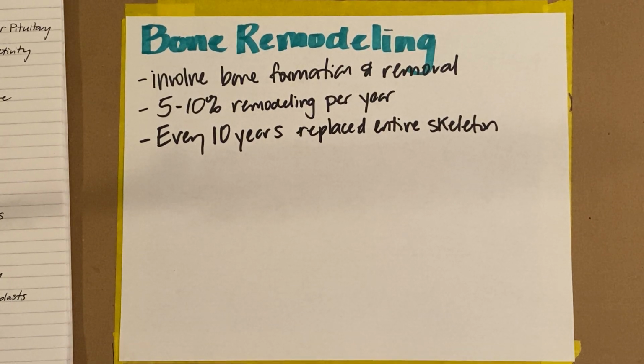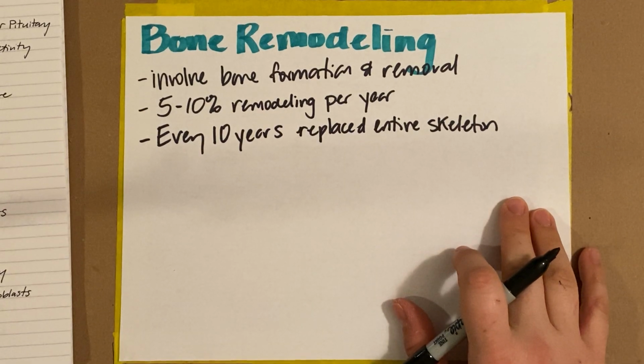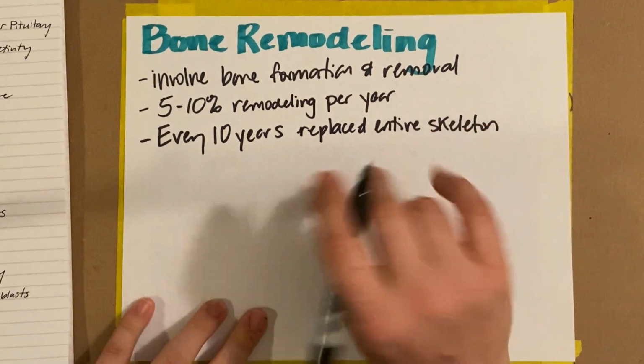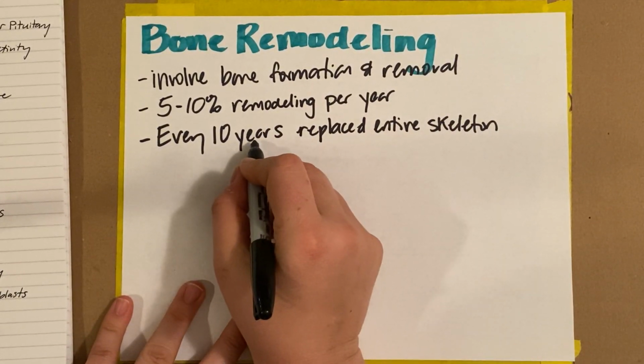This is something that is constantly being remodeled, and bone is being formed and removed. It depends on the type of bone. The 10 years is mostly going to be the compact bone.